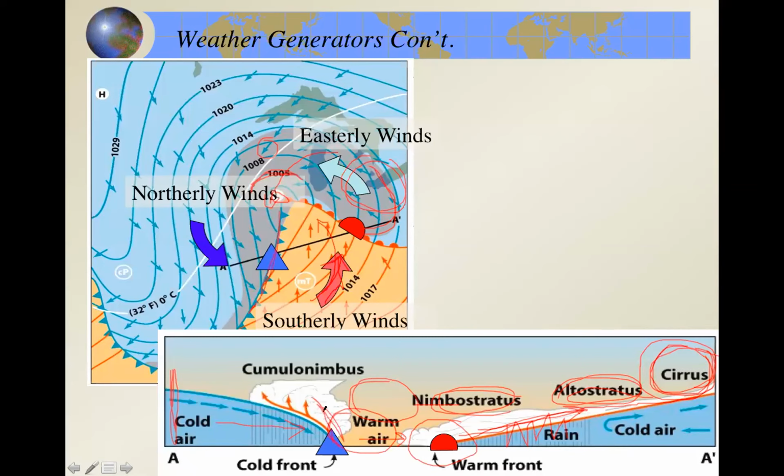Now the structure of a cold front is much steeper than the warm front. And so the rising is much more rapid. And in this case, you don't get the nice layered clouds like you did ahead of the warm front. You get a very dramatic rising, cooling, and cloud formations along a cold front.